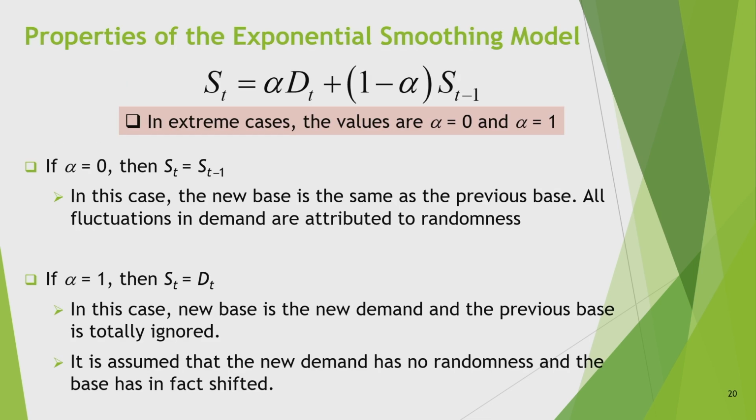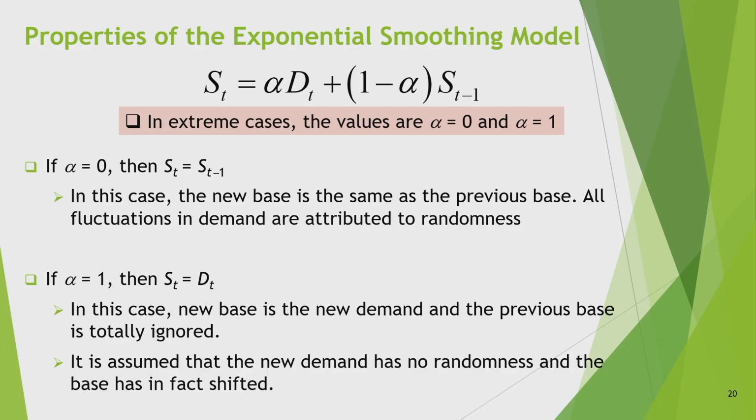Now, a little bit more on the properties of the exponential smoothing model. S(t) is equal to alpha d(t) plus (1 minus alpha) S(t-1). Never forget this formula. In extreme cases, the values are alpha equal to 0 and alpha equal to 1. If alpha is equal to 0, then S(t) is equal to S(t-1). In this case, the new base is the same as the previous base.